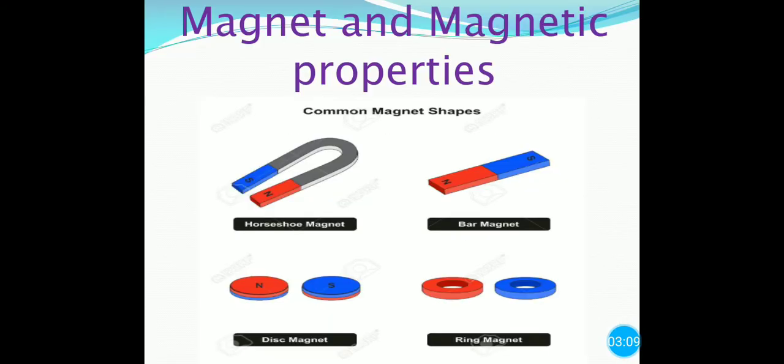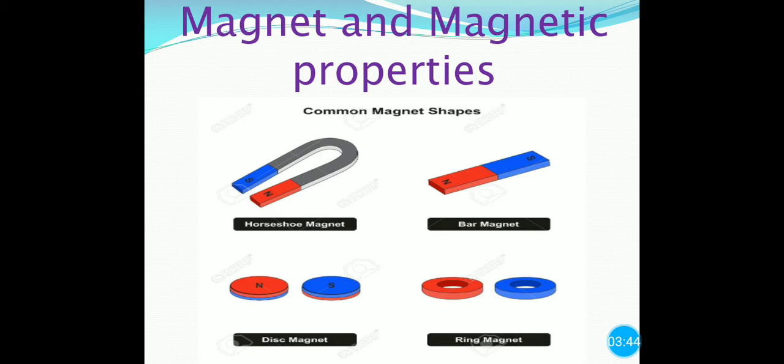Okay, then we have seen a short video on magnets. My dear students, there are various types of magnets like horseshoe magnet, bar magnet, disc magnet, ring magnet, cylindrical magnet, etc. This categorization of magnets is based on their shapes.